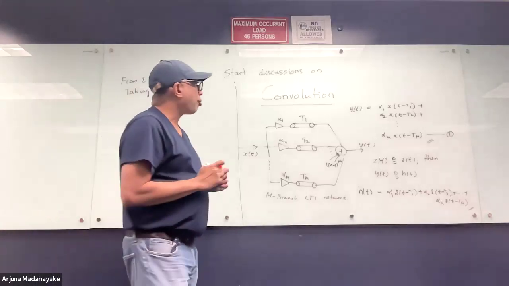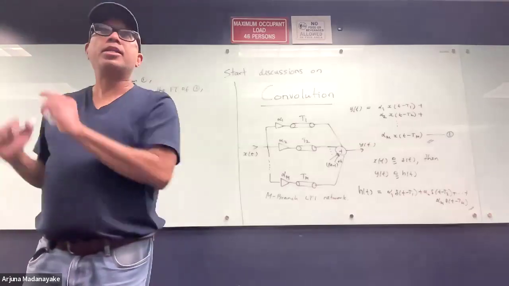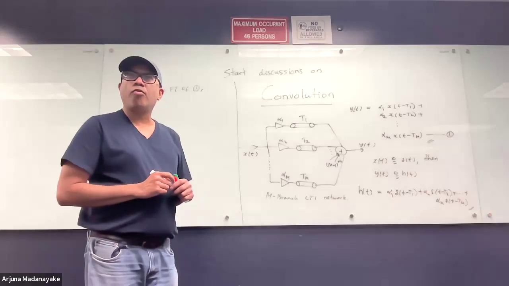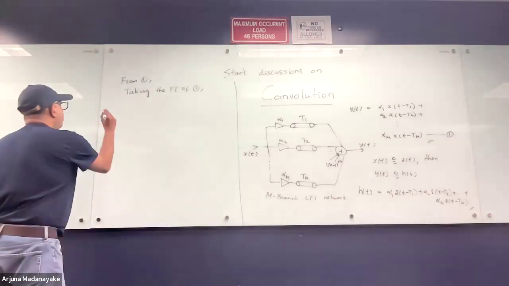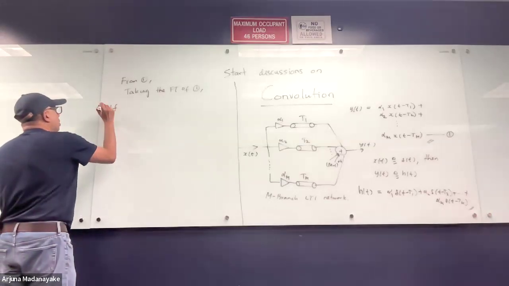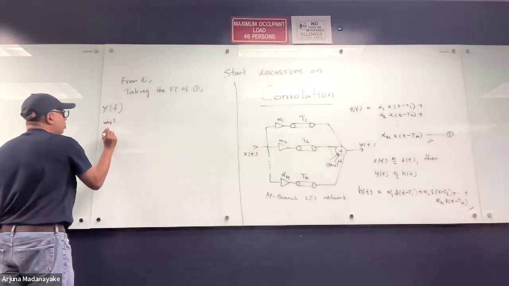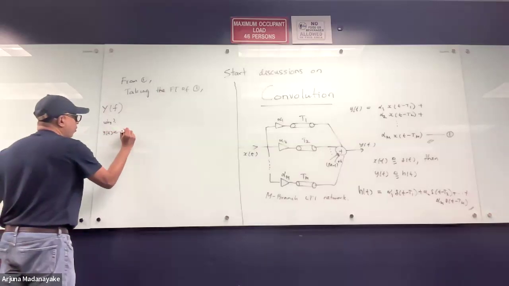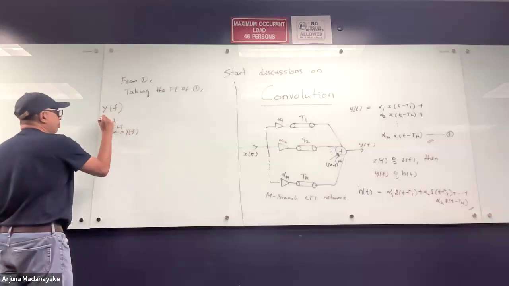I'm going to take the Fourier transform term by term. On the left-hand side, the Fourier transform of y(t) is simply called capital Y(f), because y(t) and capital Y(f) are a Fourier transform pair, right?